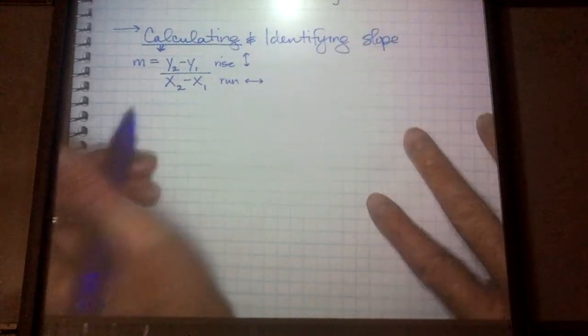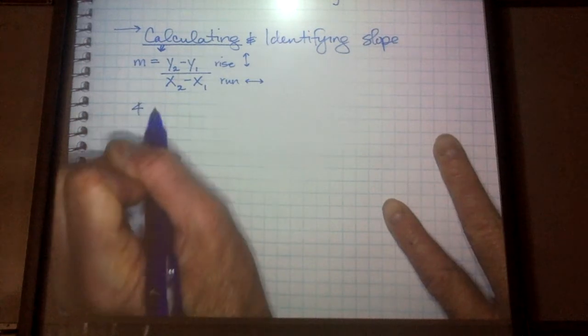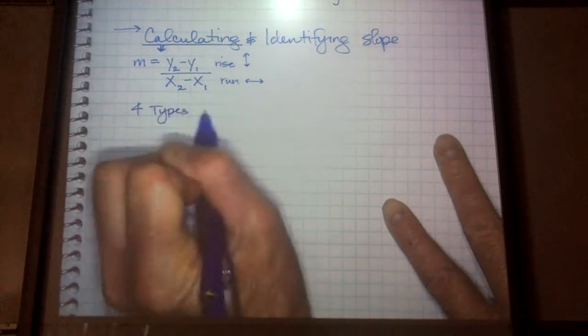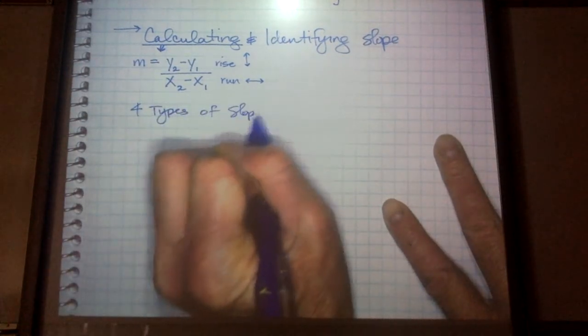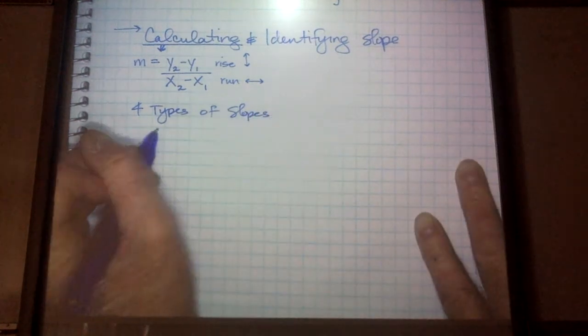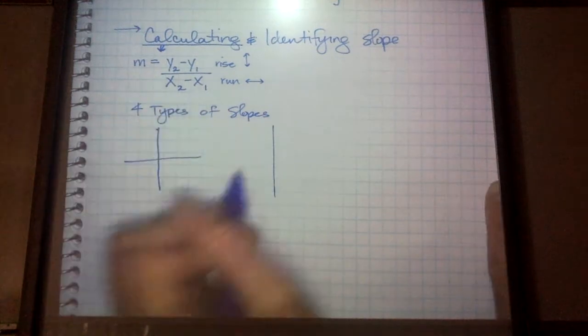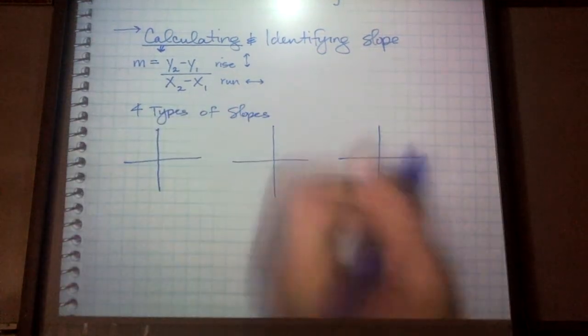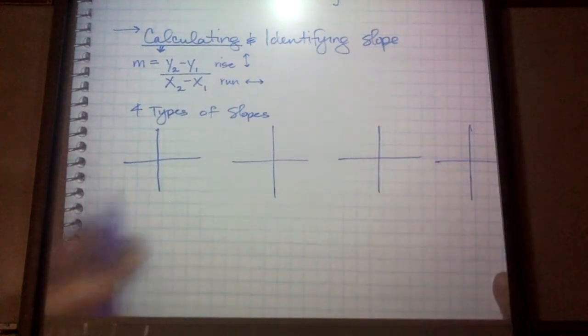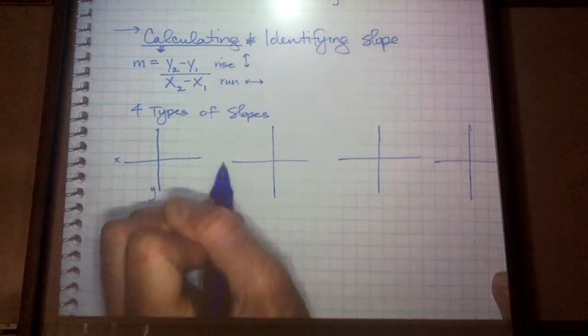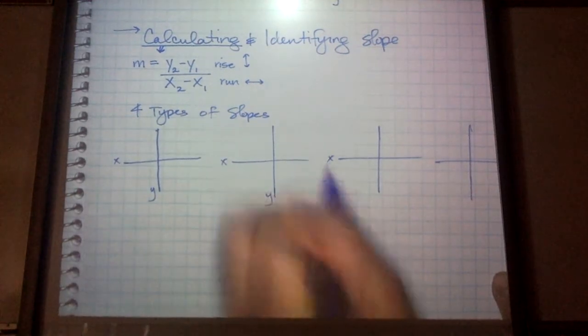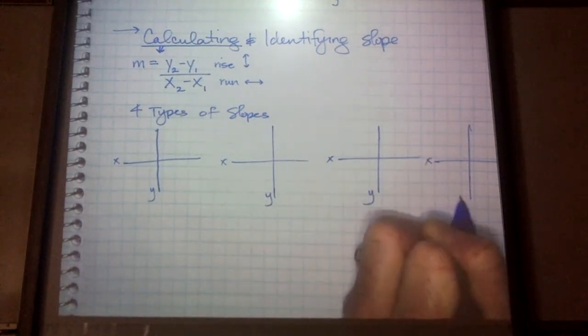Identifying slope. Okay, so we have 4 types. So I'm going to draw them. There's 1, 2, 3, 4. So on each of these, here's an x, y, x, y, x, y, x, y.